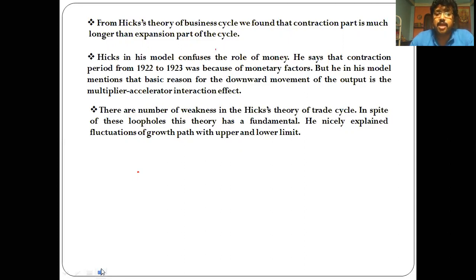But in his model, he mentions that the basic reason for the downward movement of output is the multiplier-accelerator interaction effect. Here is the role of endogenous and exogenous variables. He did not consider the exogenous variable; ultimately, he considered the endogenous variable.